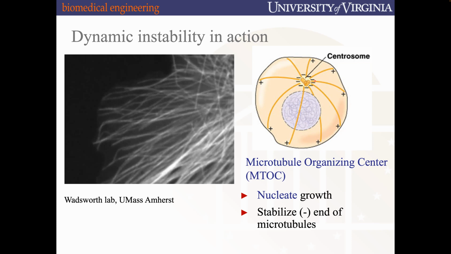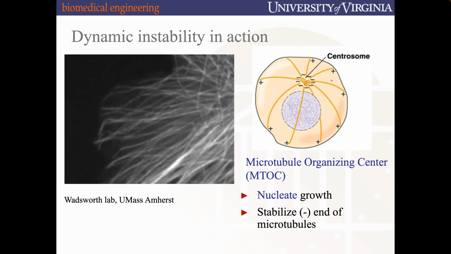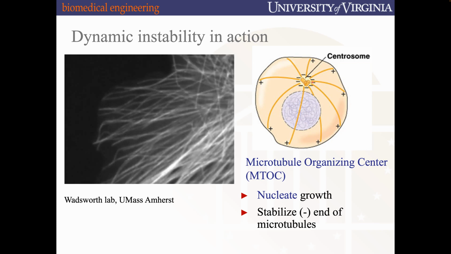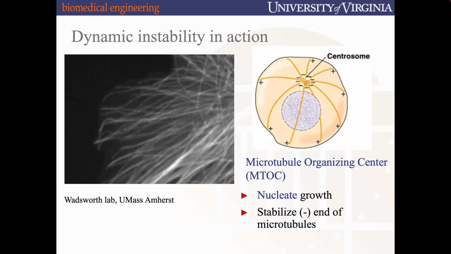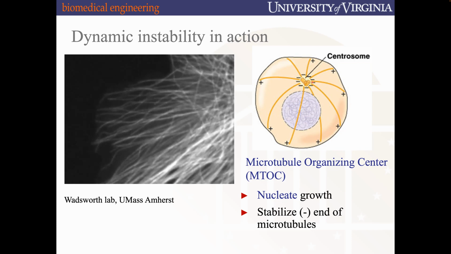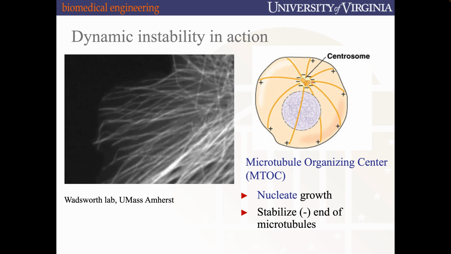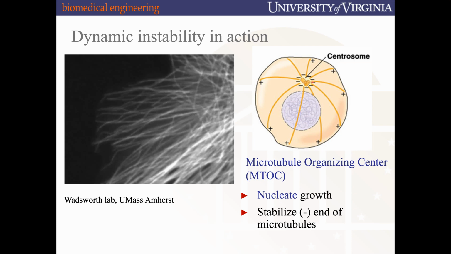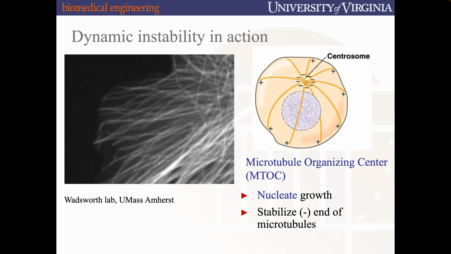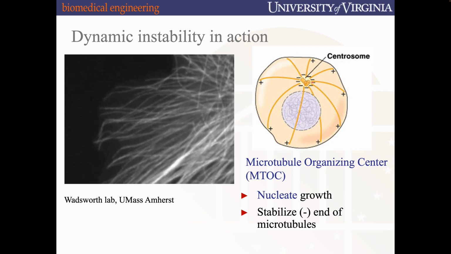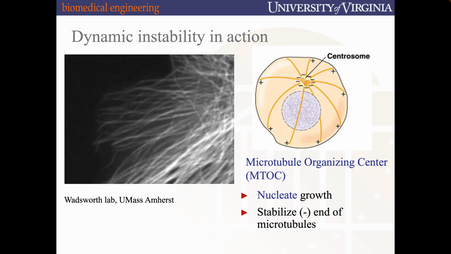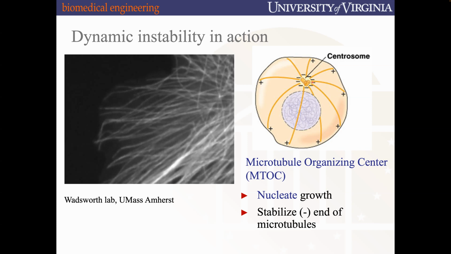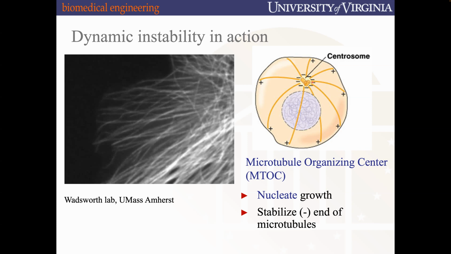We'll talk about that more in the next coming slides, but this is another reason why this growth is preferentially occurring at the plus end, because the minus ends are all kind of stabilized around this microtubule organizing center, or MTOC. And there's a lot of different types of these in the cell, as was mentioned briefly in the pre-lecture. But something important that's happening at these MTOCs is they will nucleate growth, and they're stabilizing that minus end. So that allows the plus ends to experience this dynamic instability.